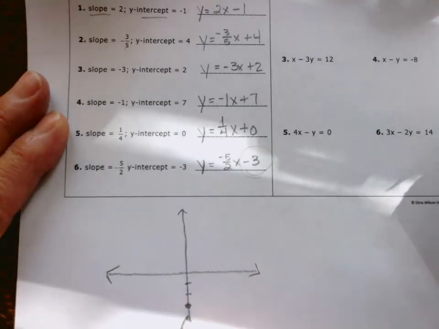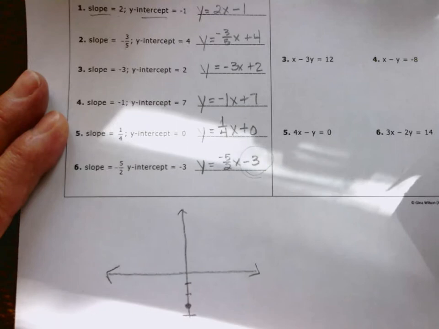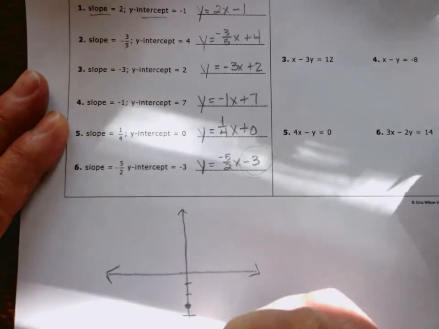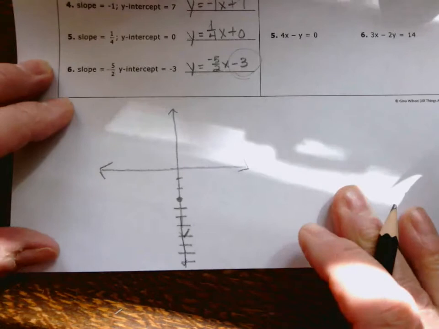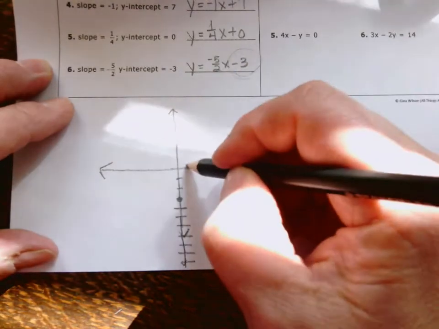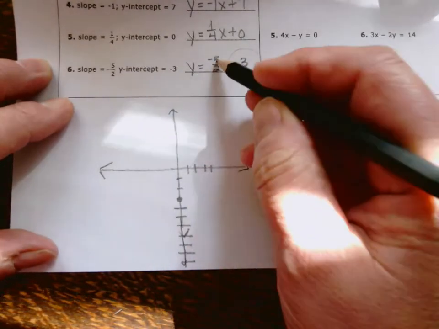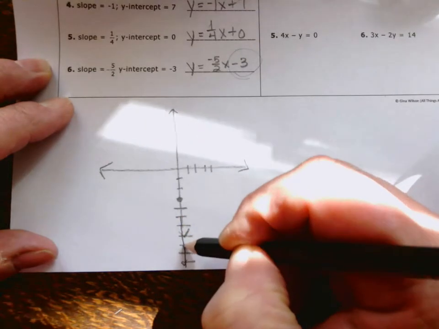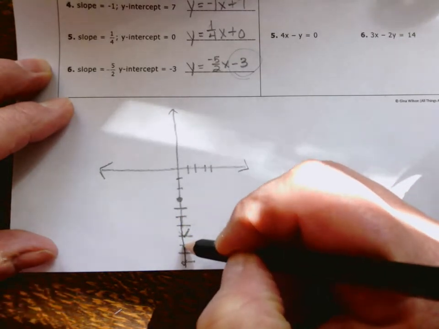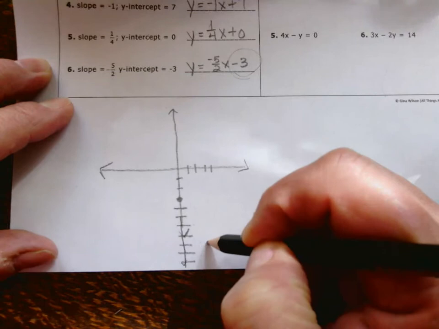So I'm going to need some more points here. Let's make our y-axis go down quite a bit more. And this says every time I go down 5, 1, 2, 3, 4, 5, I go over 2, 1, 2.